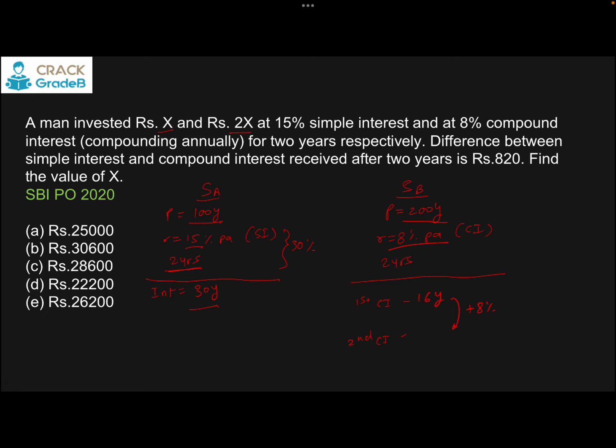So 8% of 16 is 1.28. So here we are going to get 1.28 more. That is 33.28y. They are saying the difference between CI and SI, which is now 3.28y, that difference is given as 820. We can calculate the value of y from here.